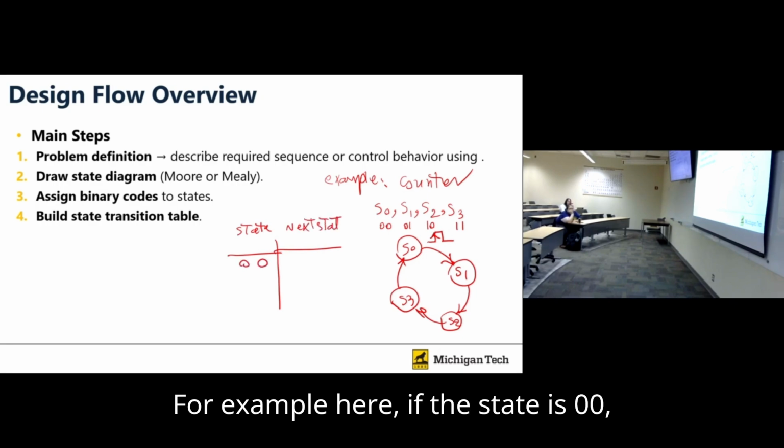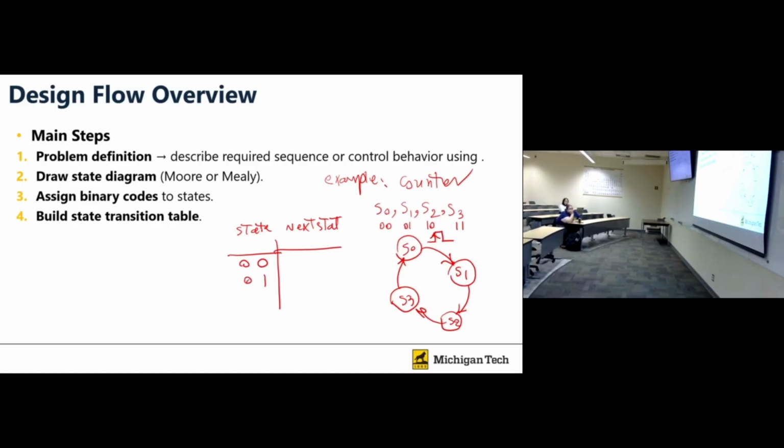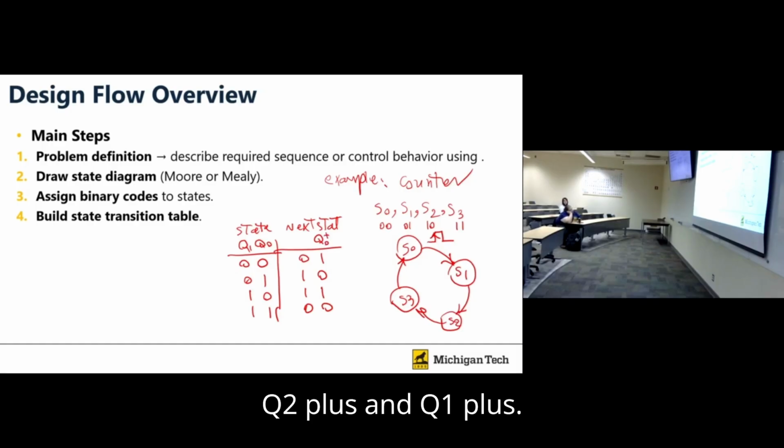For example here, if the state is 0, 0, 0, 1, 1, 0, 1, 1, the next state is going to be 0, 1, 1, 0, 1, 1, 0, 0. So this is, for example, Q0 and Q1. This is Q0 plus and Q1 plus.